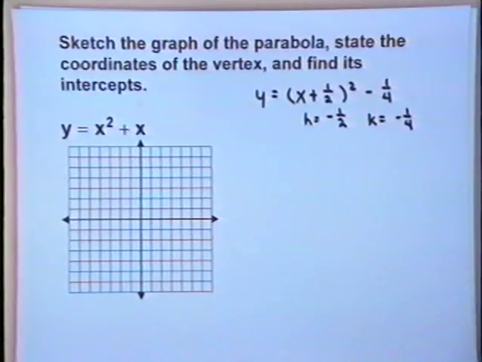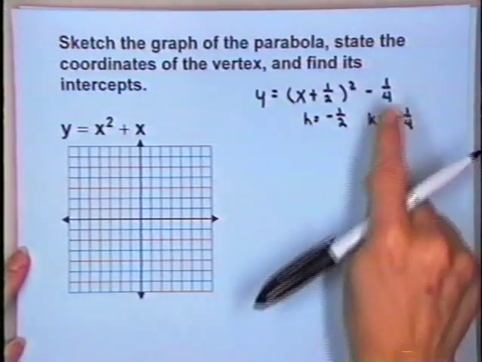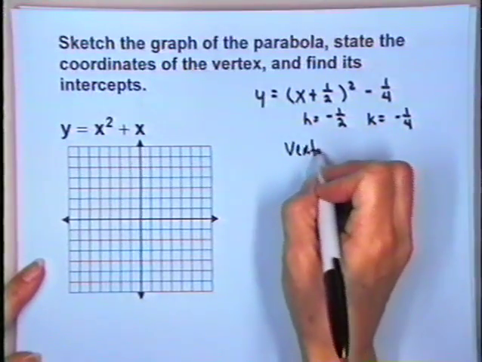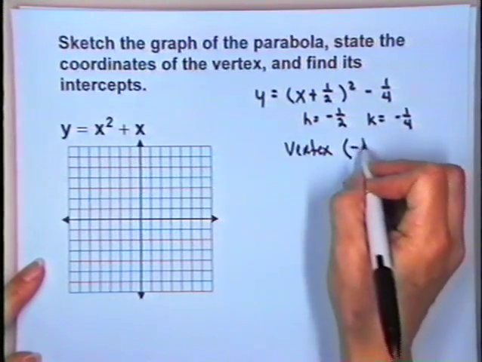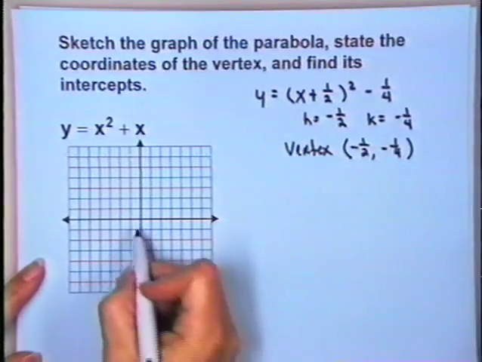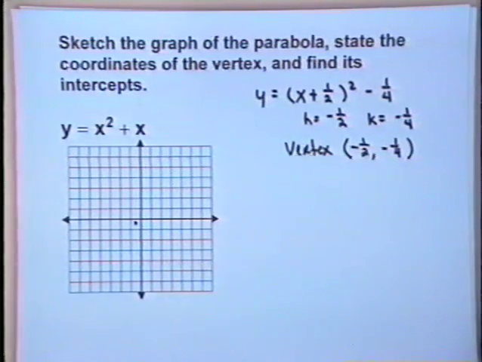Try to remember how to think about that without having to necessarily rewrite the equation every time like we did in that first example or two. X minus h, that's a plus sign, then h is negative, and plus k, okay? So my vertex is at the point negative 1/2, negative 1/4. Okay, negative 1/2, negative 1/4 is just going to be barely below the x-axis right in there, isn't it?